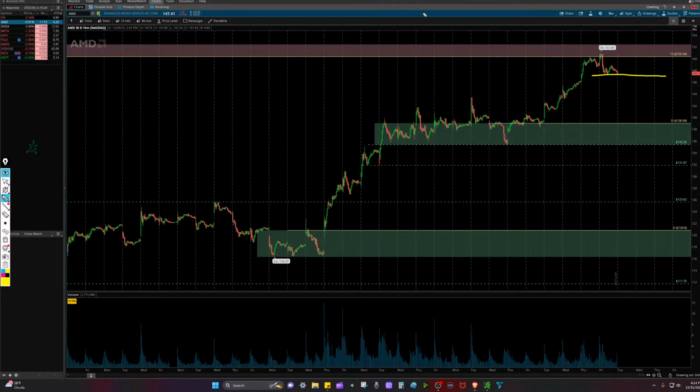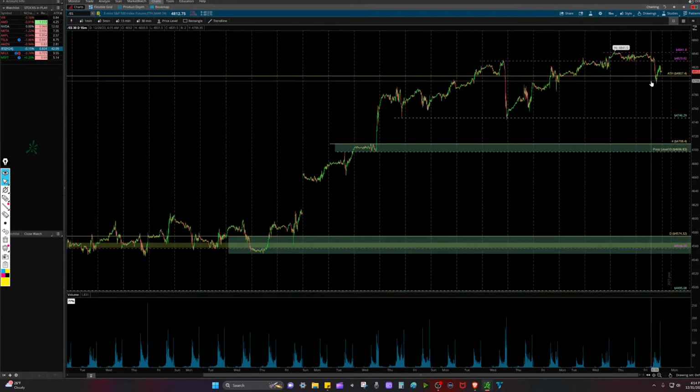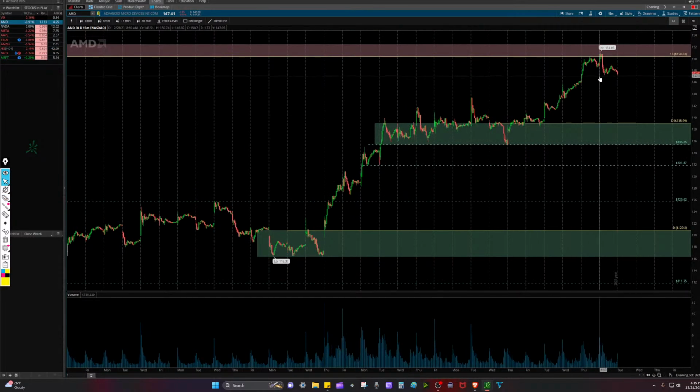Also factoring in how the overall market does and everything else, right? Basically, if the overall market like SPY is weak, if it opens below this area, and if SPY E-mini looks weak, then it's possible that this would be a valid trade for me if I trade this to the downside, right?